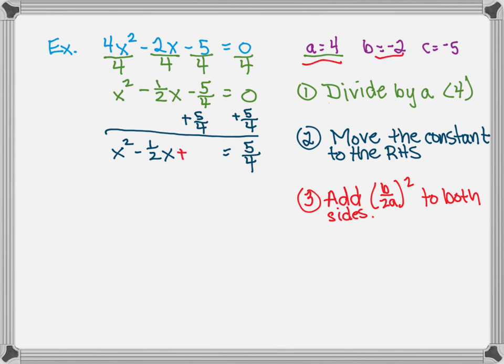So we're going to add, a is 4, b is -2, so I have -2 over 2 times 4 quantity squared to the left side and to the right side. And so now on the left side I have x squared minus 1/2 x plus 1 over 16 equals 5/4 plus 1 over 16. And I know you're going to be tempted to have decimals, but with completing the square, it really is better to keep things with fractions.